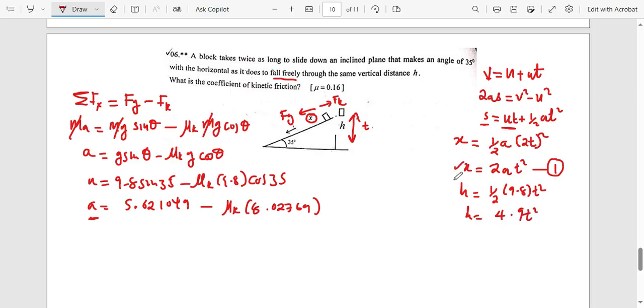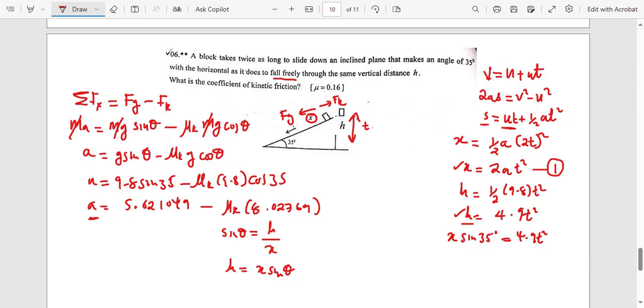I want this height to be in terms of x. We know the relationship. When you are on an incline, sine theta is given by opposite over hypotenuse. The opposite is the height over the hypotenuse, and the hypotenuse is x. So height is actually equal to x sin theta. So where there is height here, we'll put x sin theta. That is x sin 35, and that will be equal to 4.9 t squared.